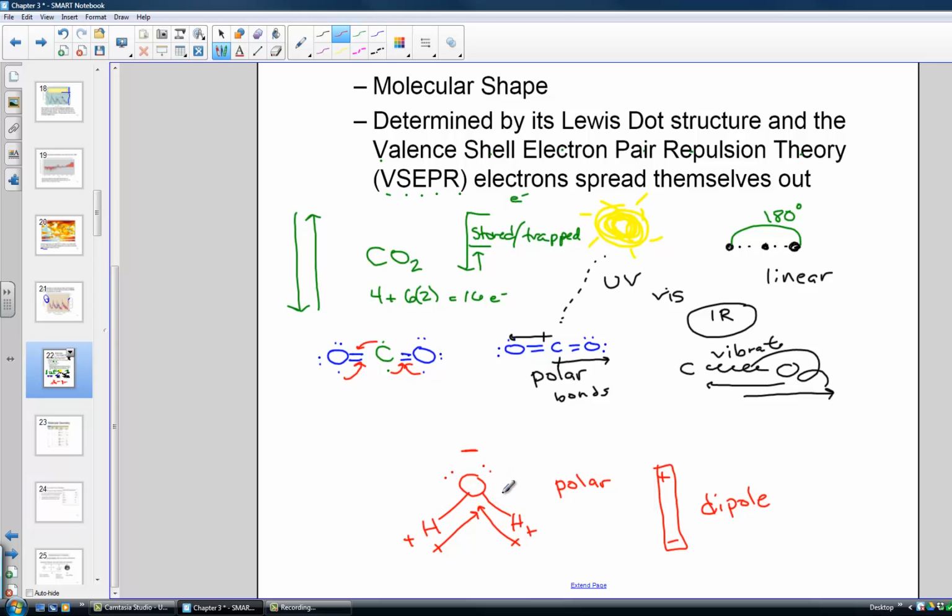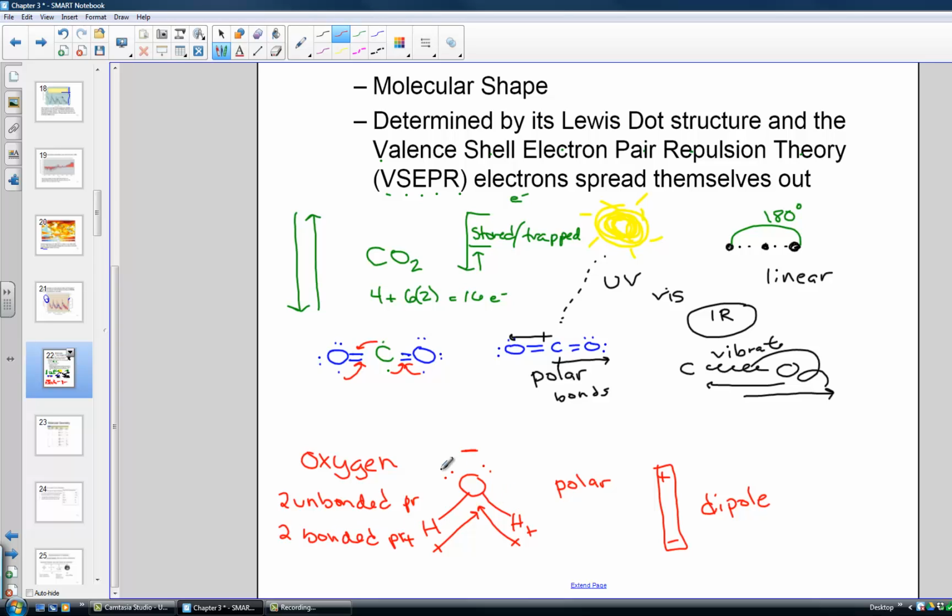Water, and I look at the symmetry around this oxygen. The oxygen, which is our central atom, has 2 unbonded pairs of electrons and 2 bonded pairs of electrons.